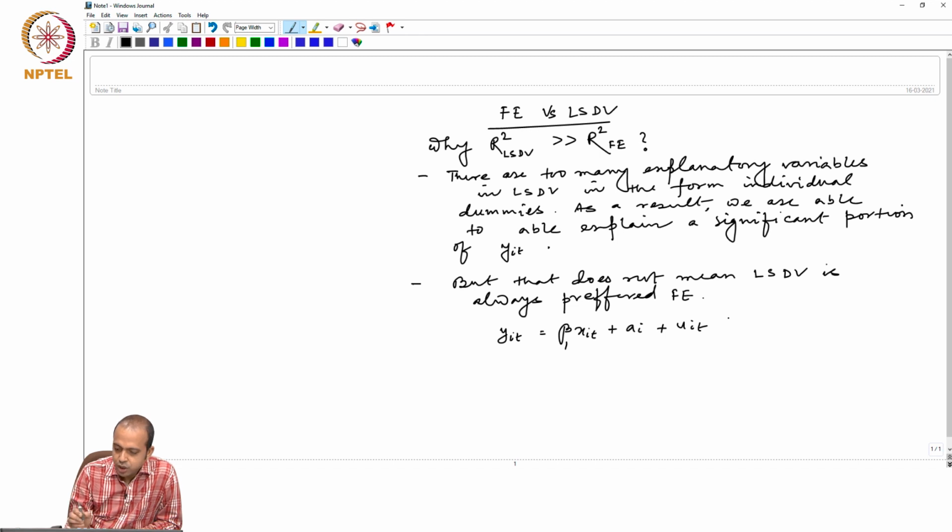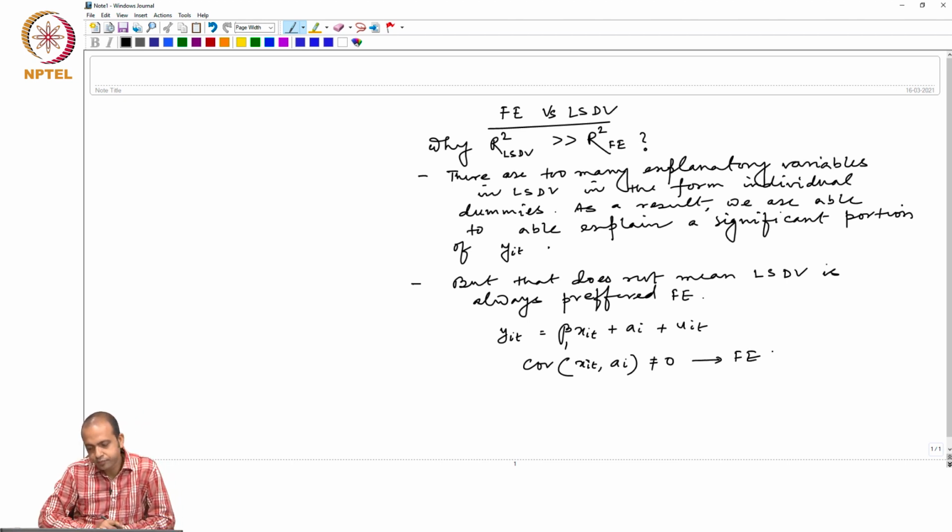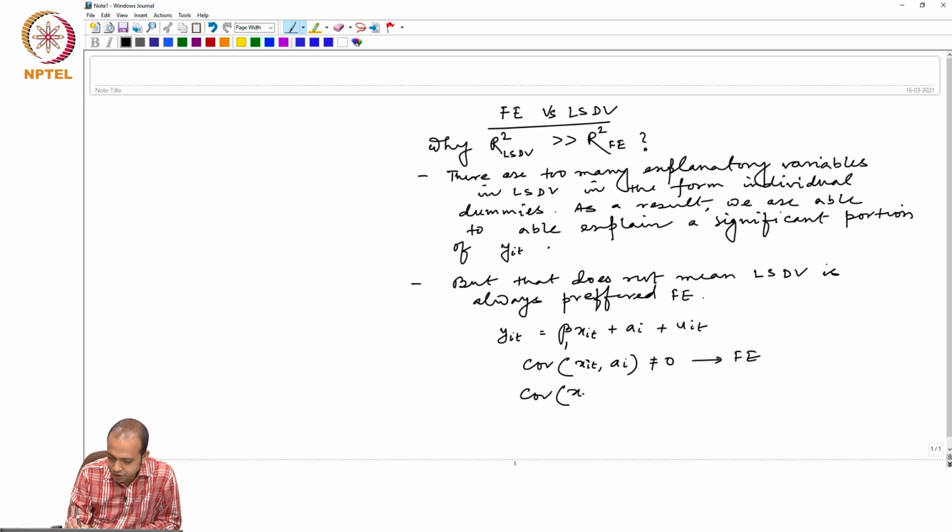This is the model, and the assumption we made is that the covariance between X_it and A_i is not equal to 0 for FE to be implemented. Now, suppose the covariance between X_it and A_i is actually 0.